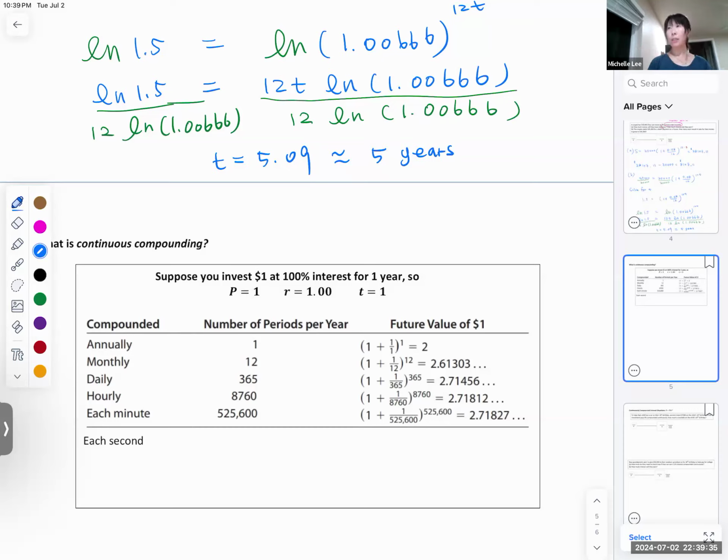So we have 1, and then m equals 1 here. Then 1 times, so we get 2 if we calculate.